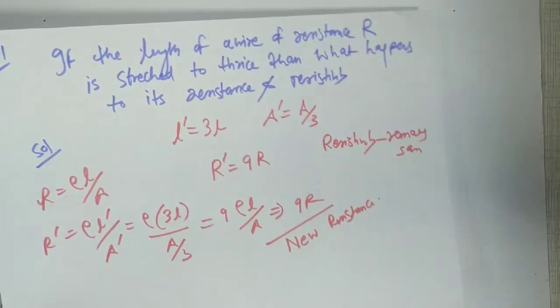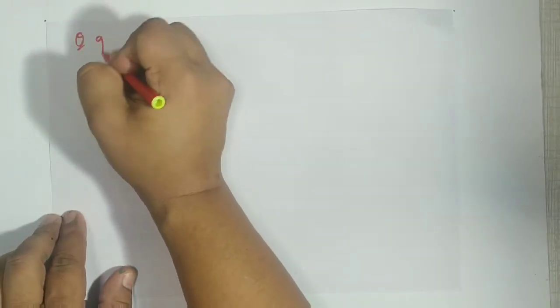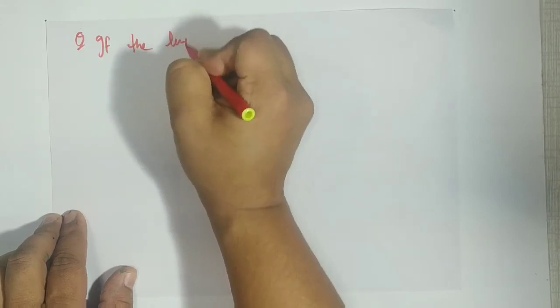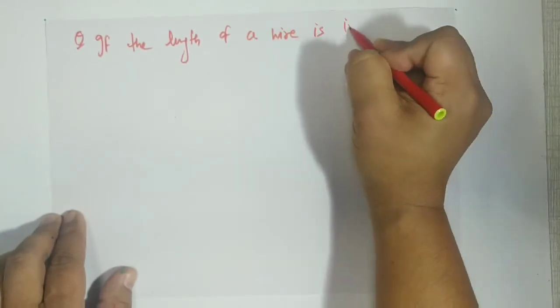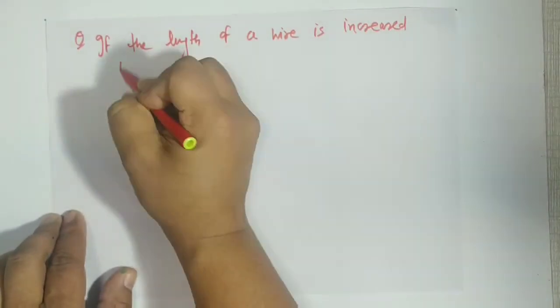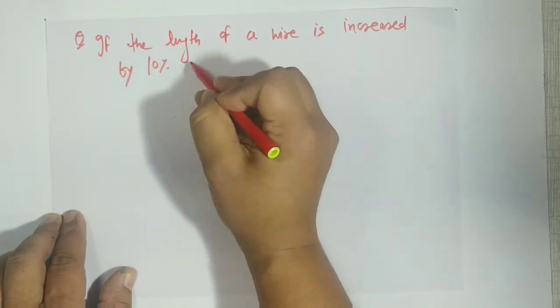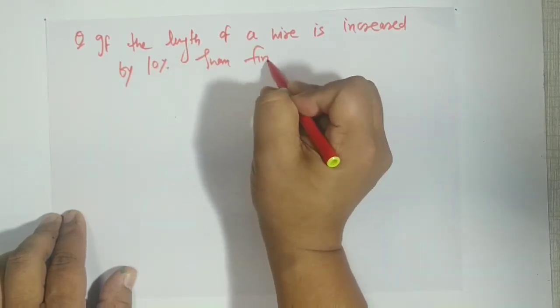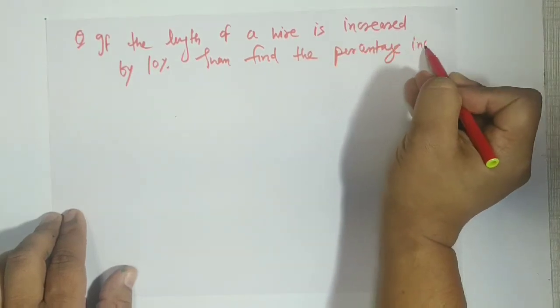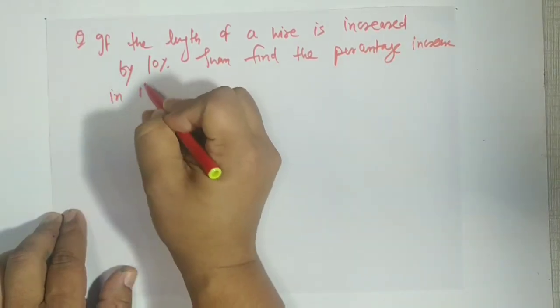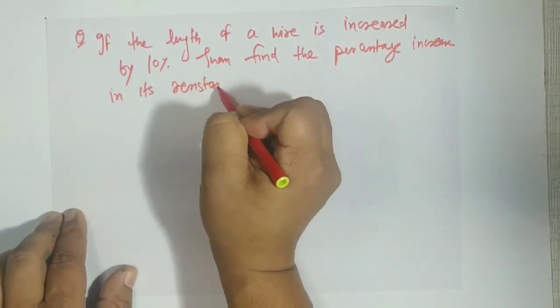There was a question in the board exam, and I am going to give it as an example. The question is: if the length of a wire is increased by 10%, then find the percentage increase in its resistance and resistivity.